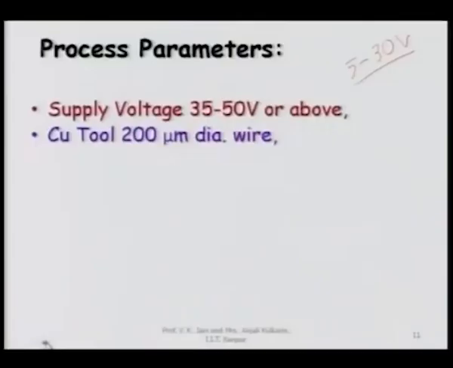A copper tool is normally used in some cases, not in all cases, and a wire of around 200 micron diameter can be used as a tool. As for workpiece material, in this case where some experiments were conducted at IIT Kanpur, soda lime glass was used. It is an electrically non-conducting material.